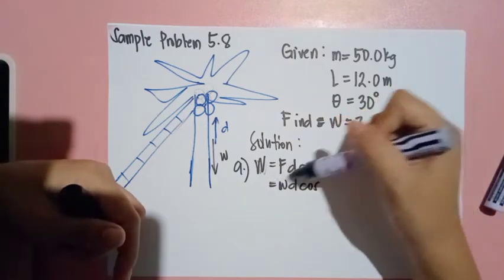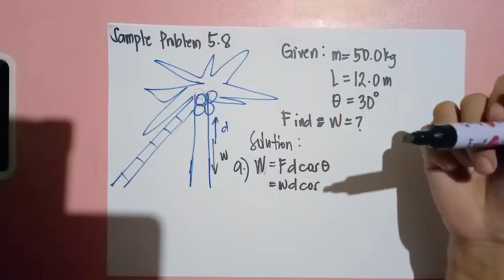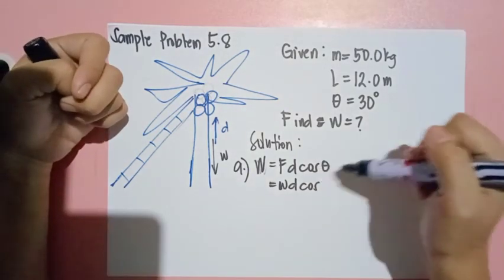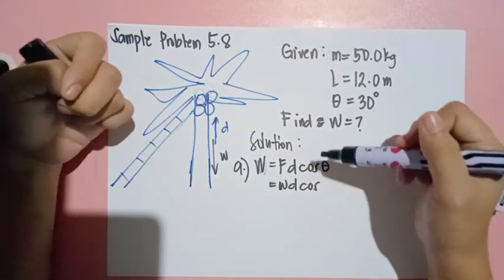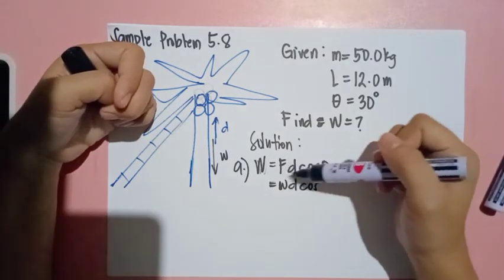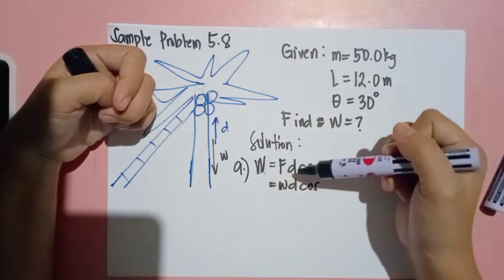Our equation here is F D cosine theta, and theta here represents the angle between F and D, or the force and the displacement.